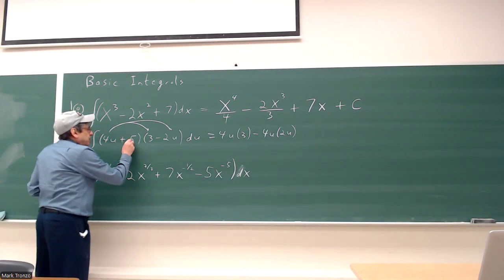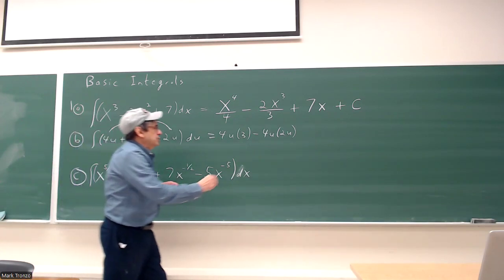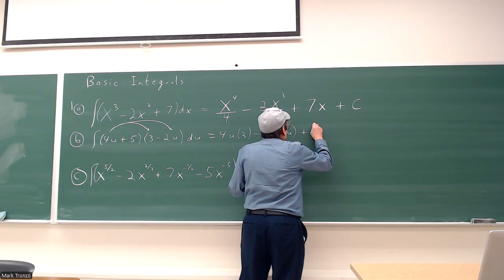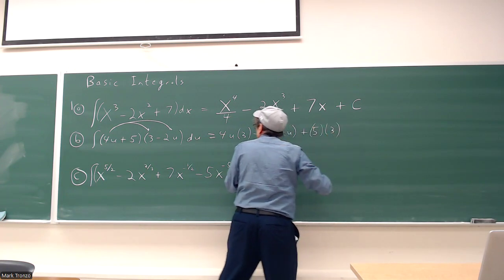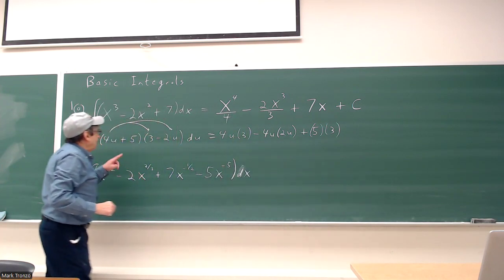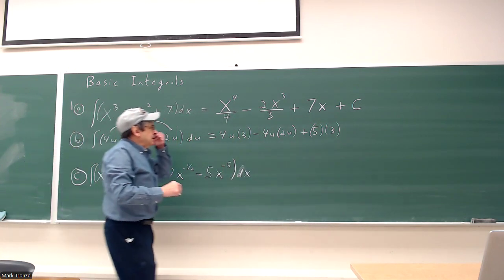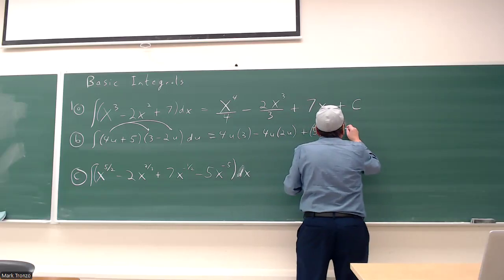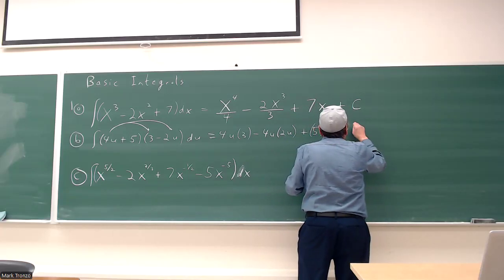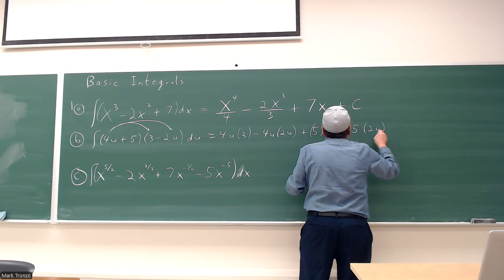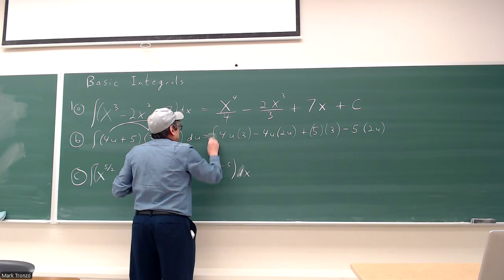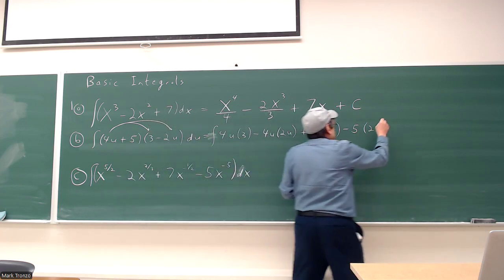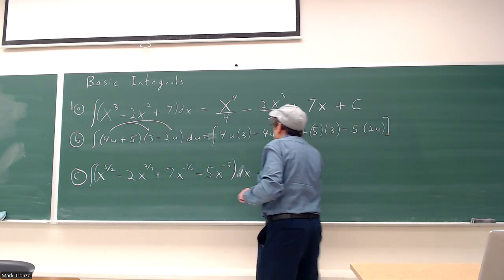Then do the same over here. Take 5 times 3, then 5 times minus 2. And let's not forget our integration sign. We should put some brackets around here.